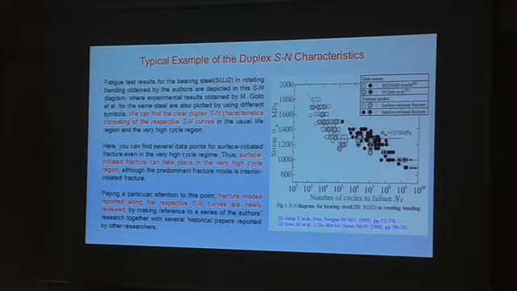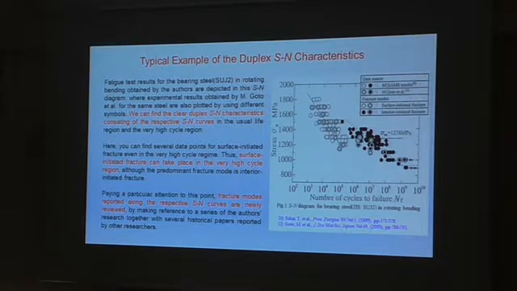Let me show you the typical example of duplex SN characteristics. The fatigue test data for the bearing steel in rotating bending obtained by the authors are depicted in this SN diagram, where the experimental results obtained by Goto et al. for the same steel are also plotted by using different marks.